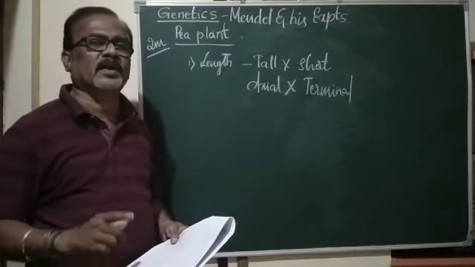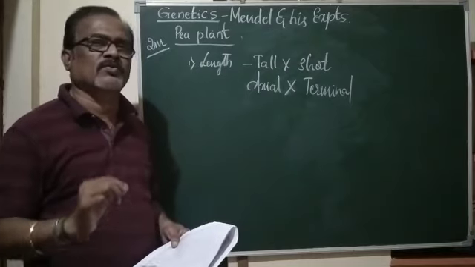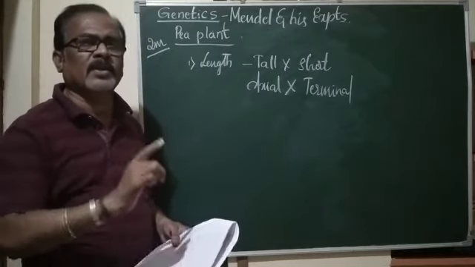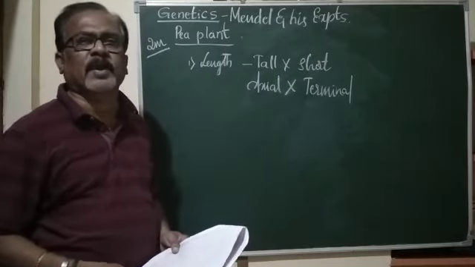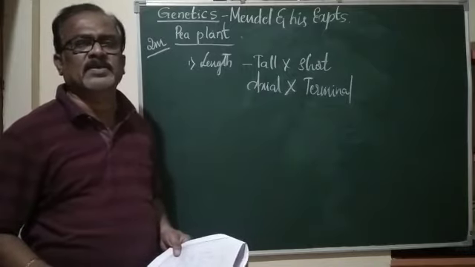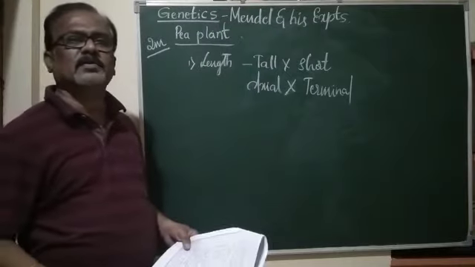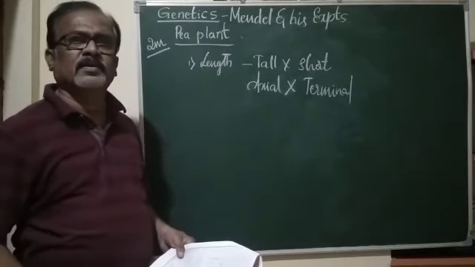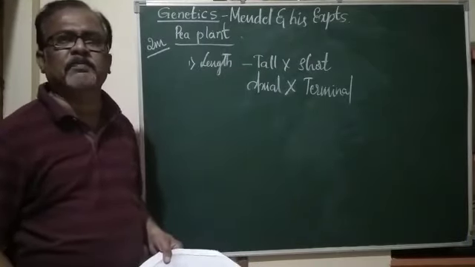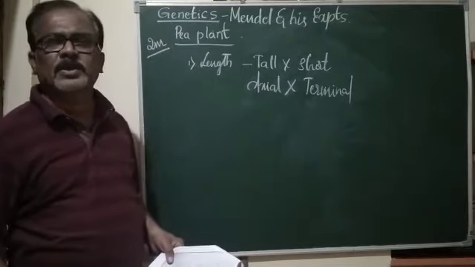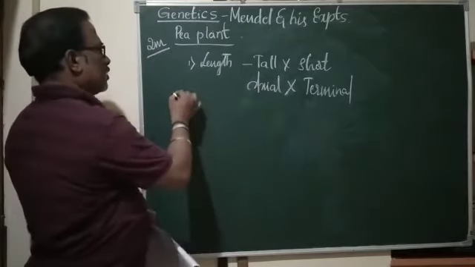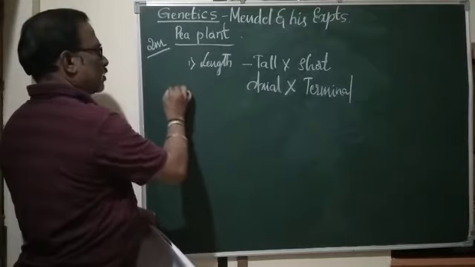Like that, he recognized 7 pairs of contrasting characters in garden pea plant, that is Pisum sativum. And after selecting the garden pea plant for his experiments, Mendel started his work.